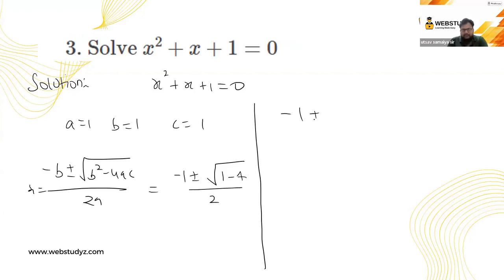So minus 1 plus minus square root of minus 3 by 2. So here we will be having roots like this.